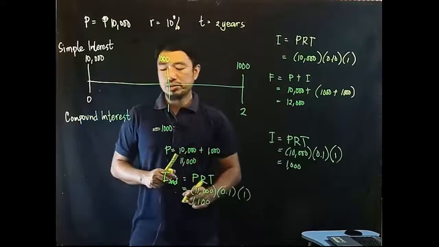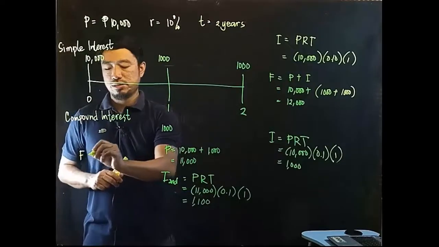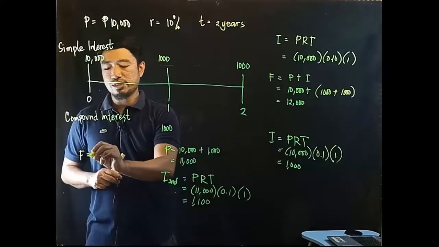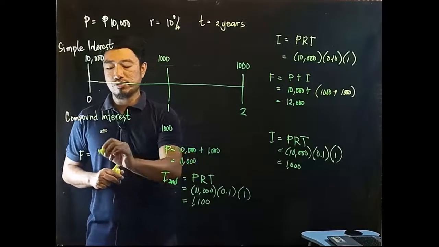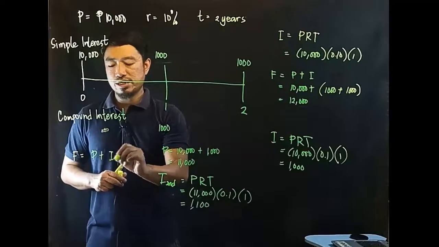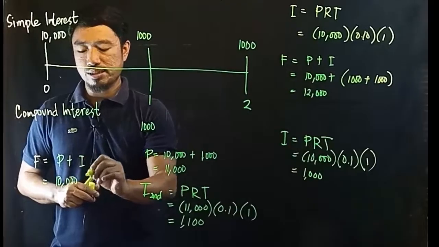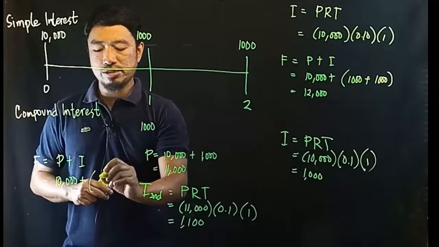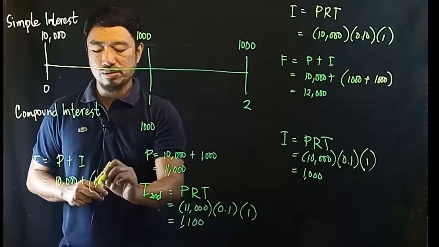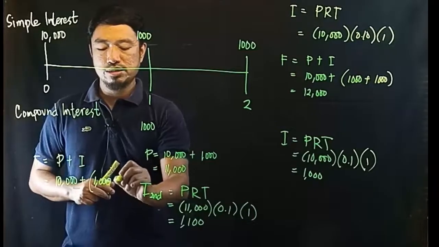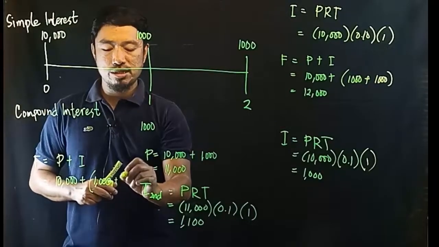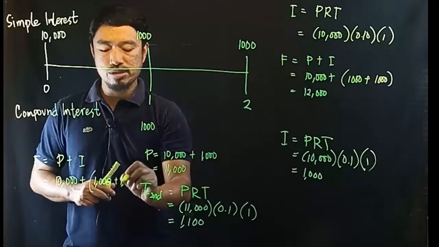Therefore, the final amount for compound interest for the period of 2 years is equal to P plus I, which is 10,000 plus the interest on the first year, 1,000, plus the interest on the second year, 1,100.